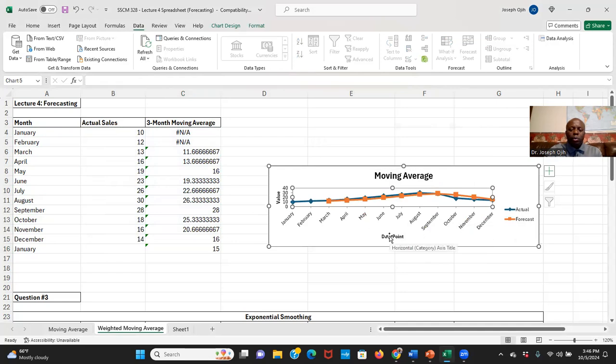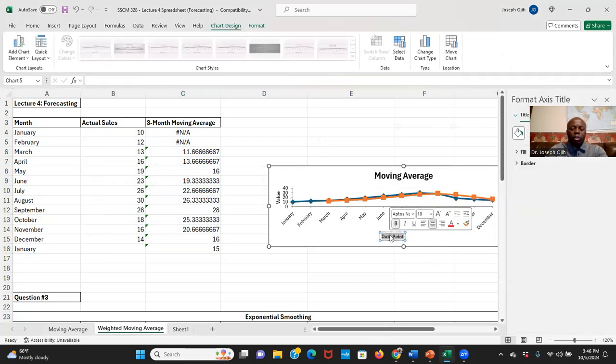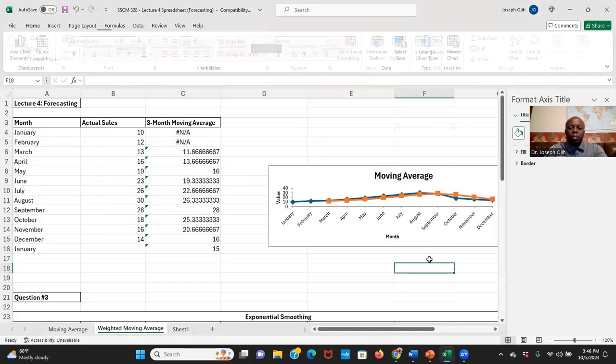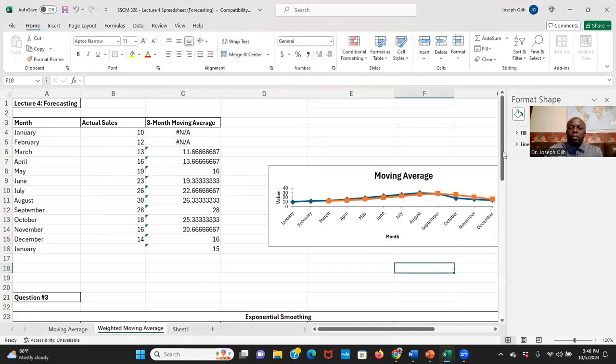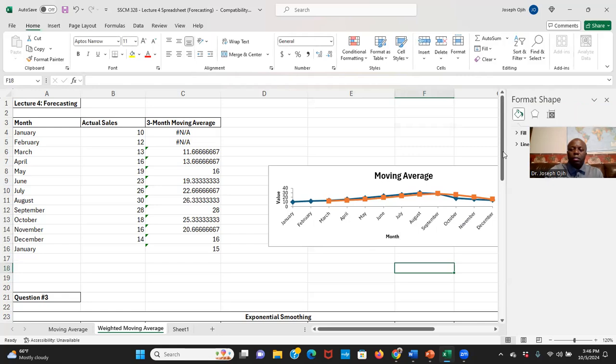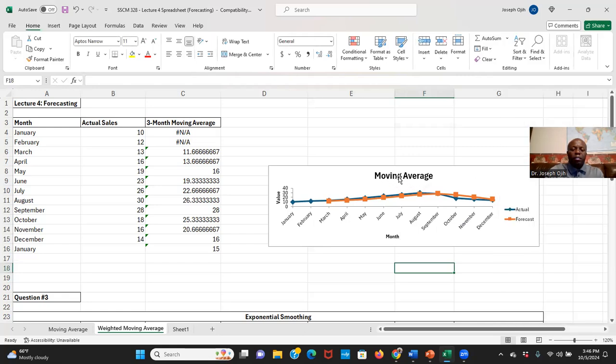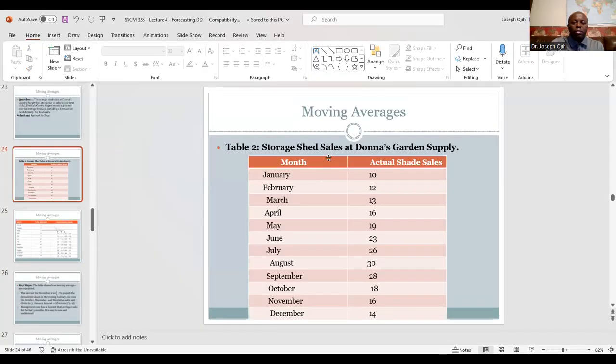Again, this is months. That means you have to change this thing here to months. Then the title, moving average. Now, this is not a good title for it, because this is about storage sales at Donors Garden Supply.